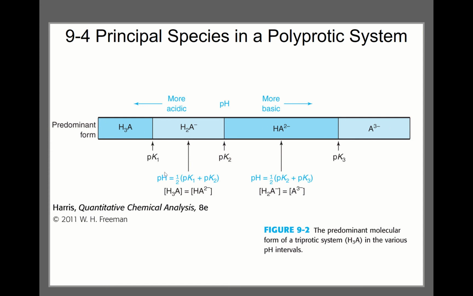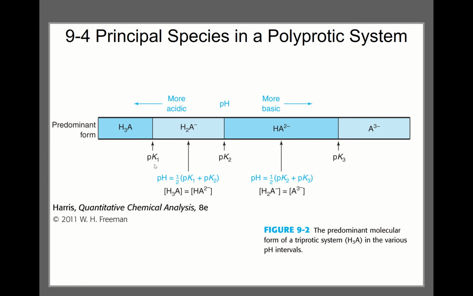Here the x-axis is pH. This point is pK1, this one pK2, and this pK3. Below pK1, the principal or major species is H3A. Now we are considering triprotic acid H3A.